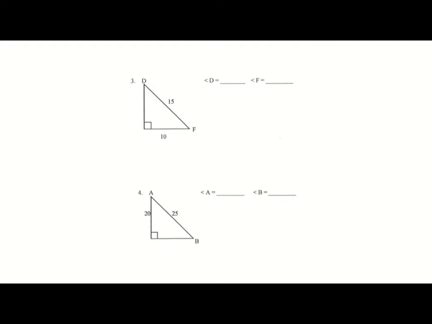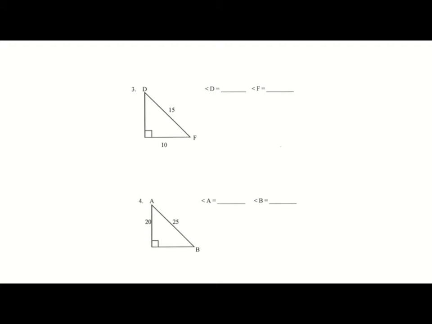Got two more. So number 3, I'm looking for angle D. And if I have my hypotenuse here, it's my longest side, right away. If I'm looking in relation to angle D, I know 10 is going to be the opposite. So if I have the opposite and the hypotenuse, I know it's going to be sine.